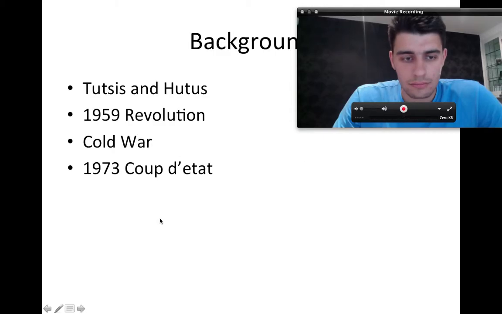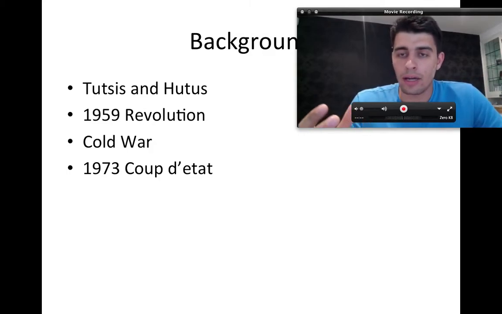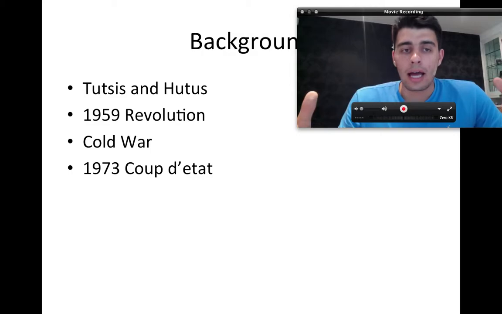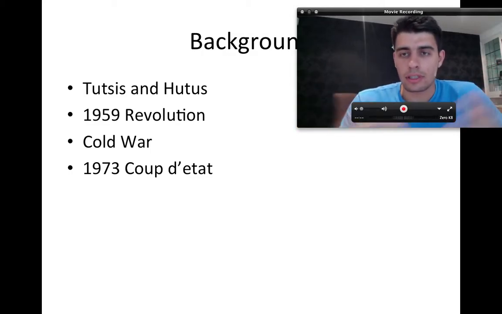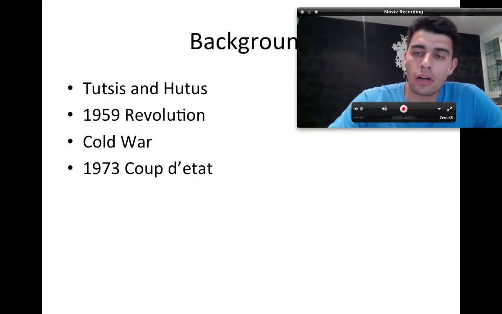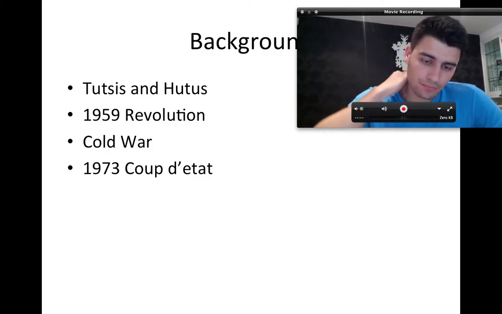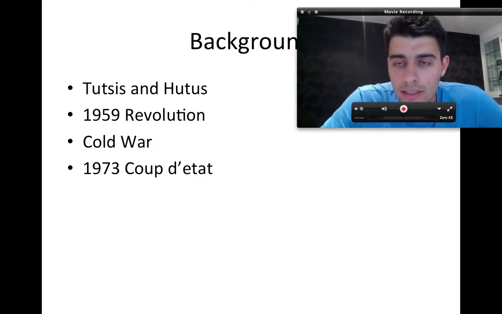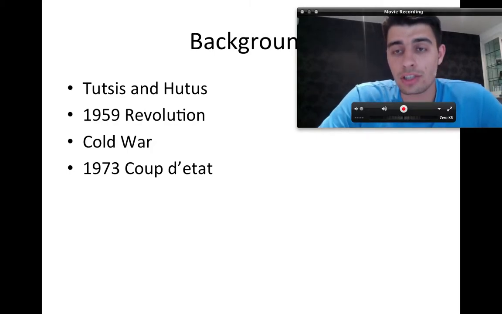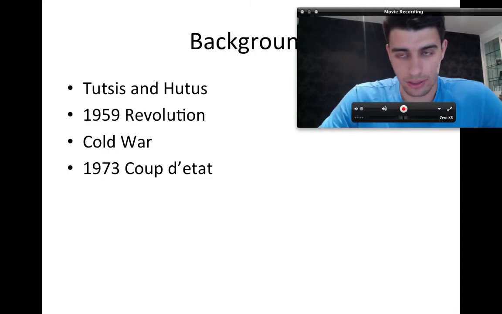So, to give you some background, in Rwanda you have two main demographics. You have the Tutsi population and you have the Hutu population. Prior to 1959, there was a revolution in 1959. Prior to that, the Tutsis had held power, and although they only made up about 10 to 15% of the Rwandan population, they comprised about 95% of the chiefs in the army, and also about 88% of the bureaucracy.